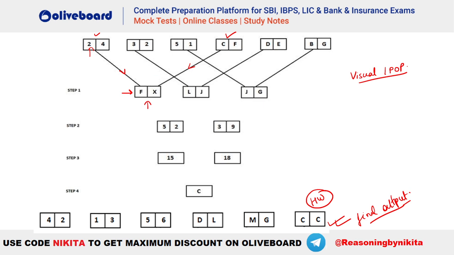Now if you check, we have some digits and some alphabets. It's always better to write these alphabets as their sequence values, like C is 3, F is 6, D is 4, E is 5, B is 2 and G is 7. So now let's understand how we are getting the answers here.